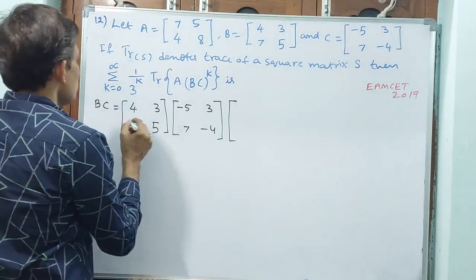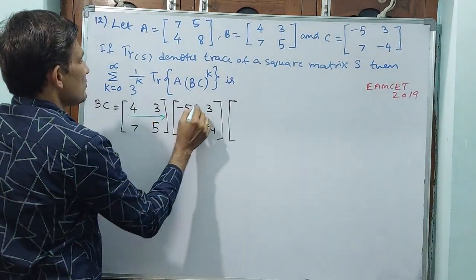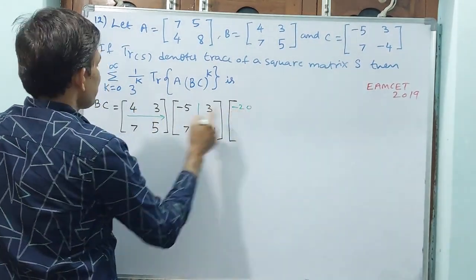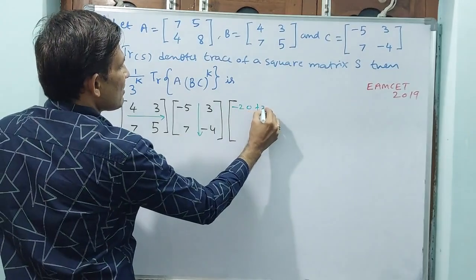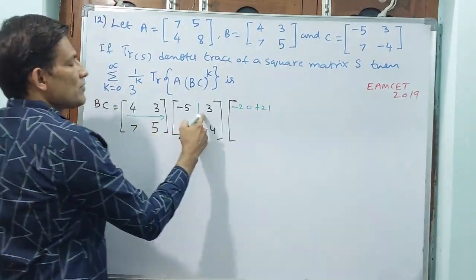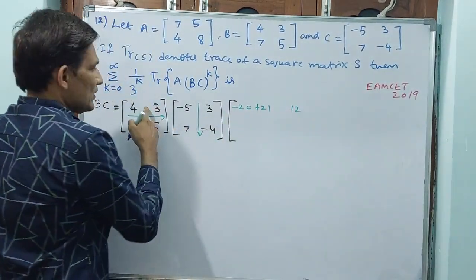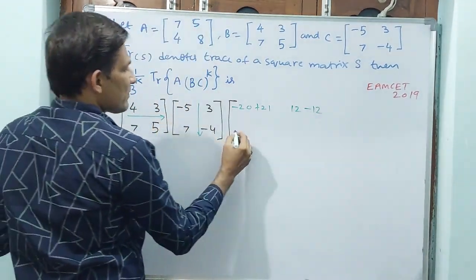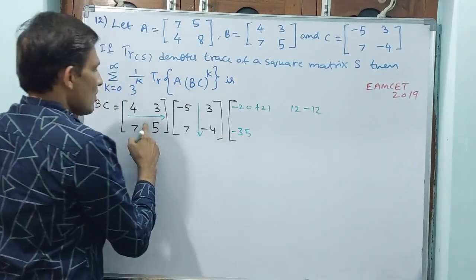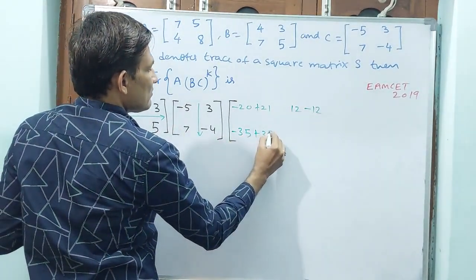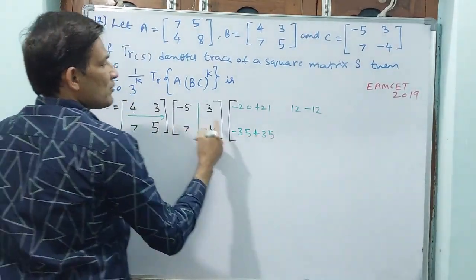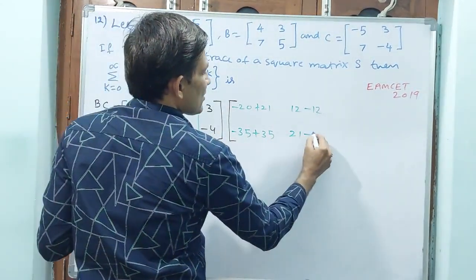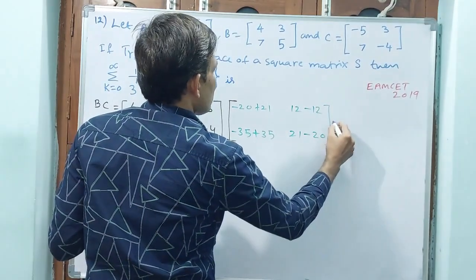See how we are going to do the multiplication. 4 into -5 is -20, 3 into 7 is +21. 4 into 3 is 12, 3 into -4 is -12. 7 into -5 is -35, 5 into 7 is +35. 7 into 3 is 21, 5 into -4 is -20.